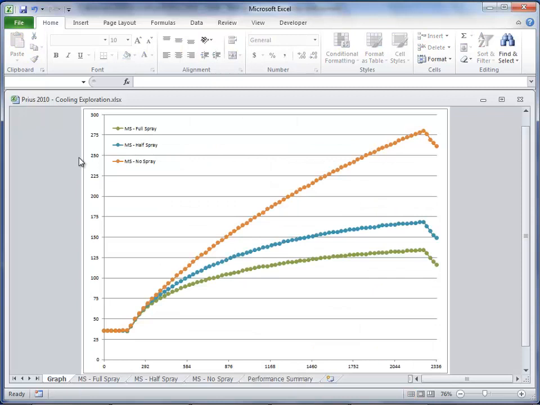Here we've plotted the temperature response of the winding for all three experiments. You see here the full spray response, the half spray, and the no spray.